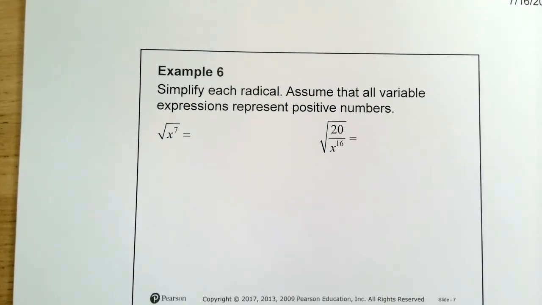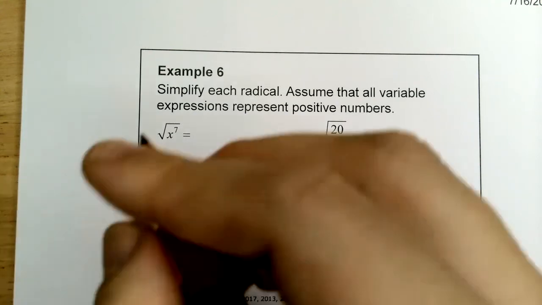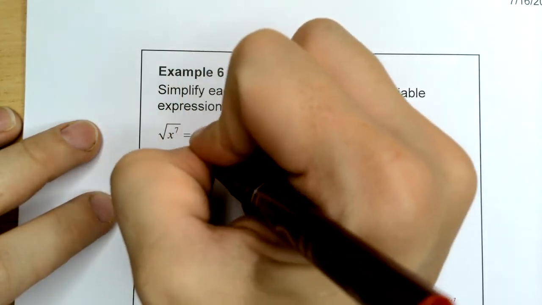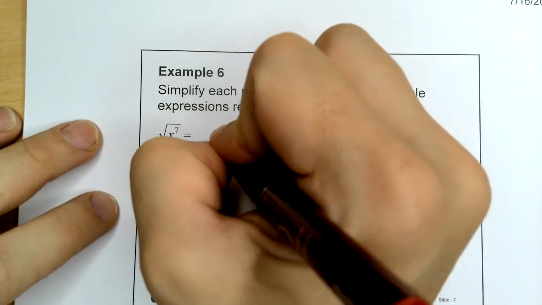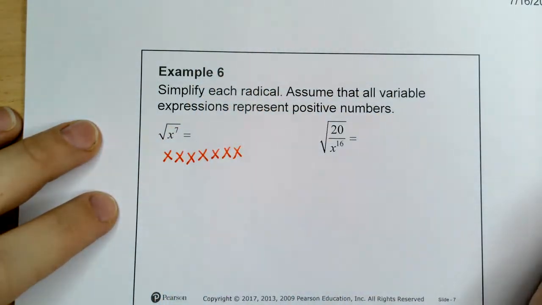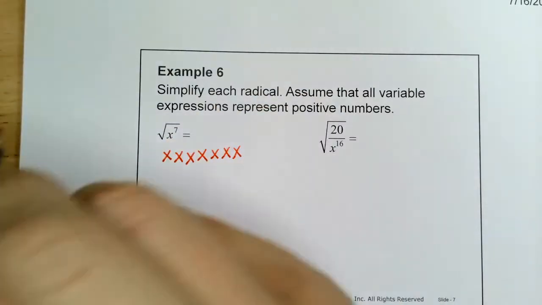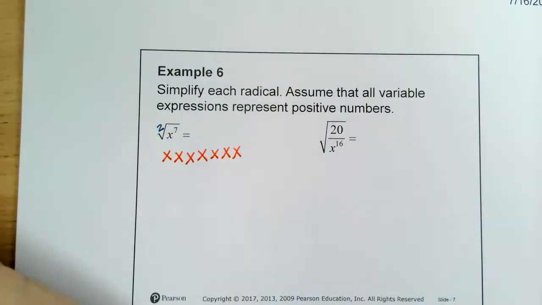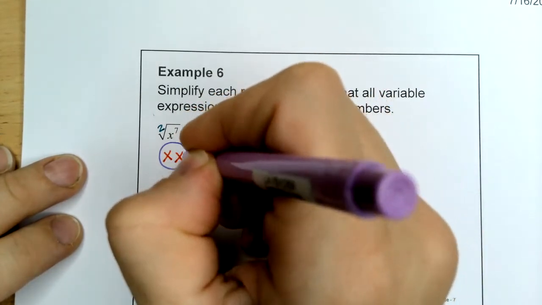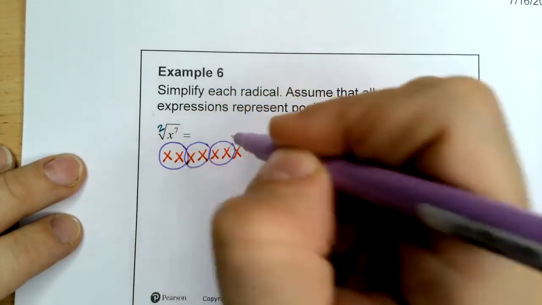All right, so now we have the square root of x to the 7th. And remember, x to the 7th means that we just have 7 factors of x: 1, 2, 3, 4, 5, 6, 7, right? And because this is an understood 2, I want to put them into little groups of 2. 1, 2, 3.